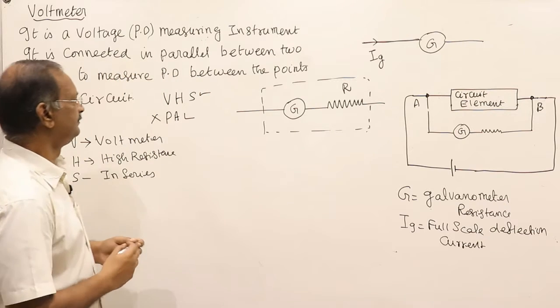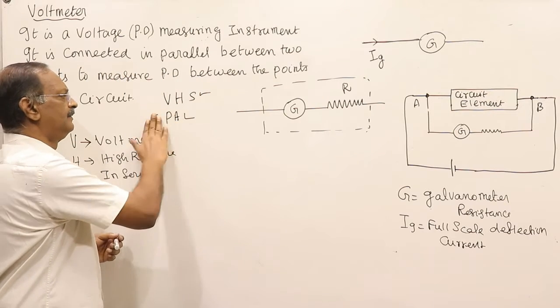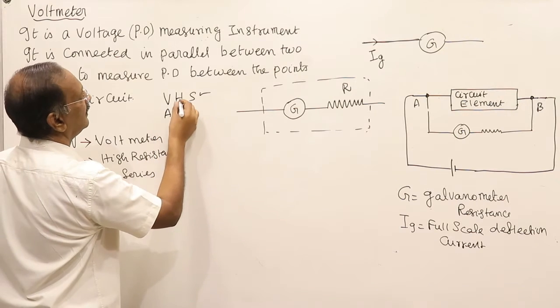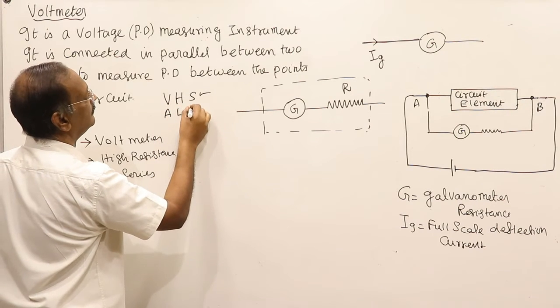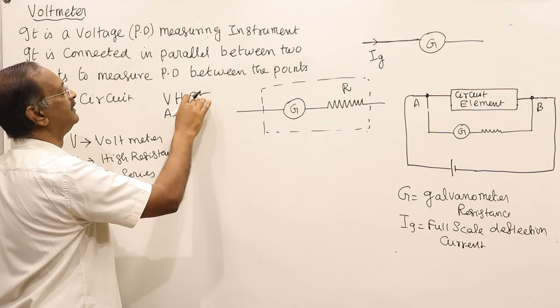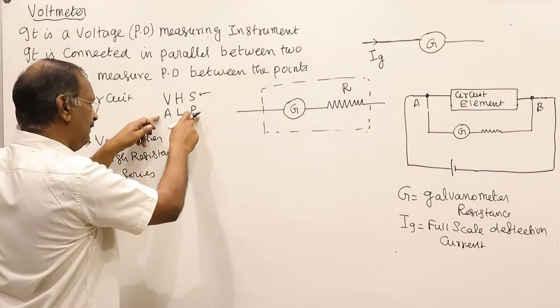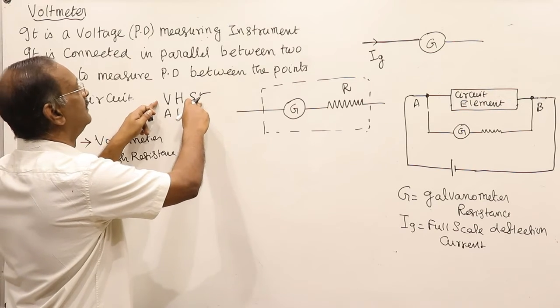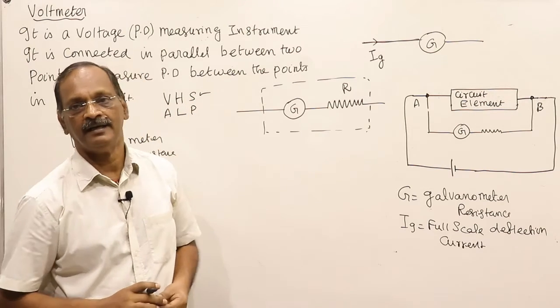For the ammeter, we have a low resistance, and it will be connected in parallel. So for the galvanometer, series and parallel: the ammeter is connected in series, and the voltmeter is connected in parallel. That's all the difference.